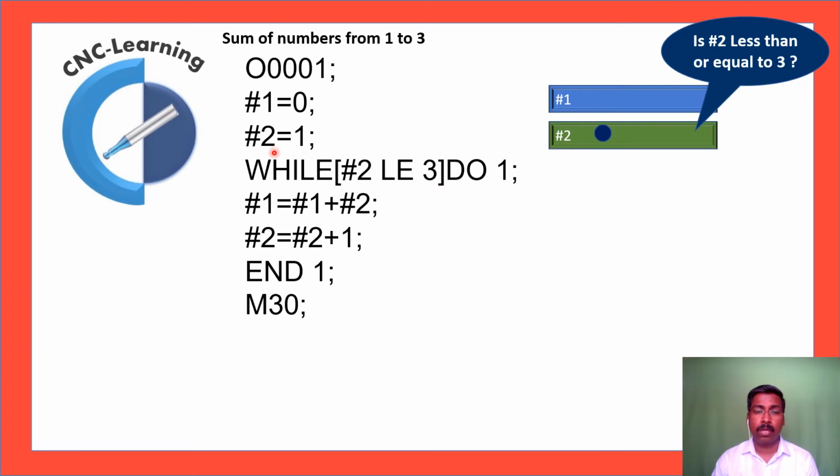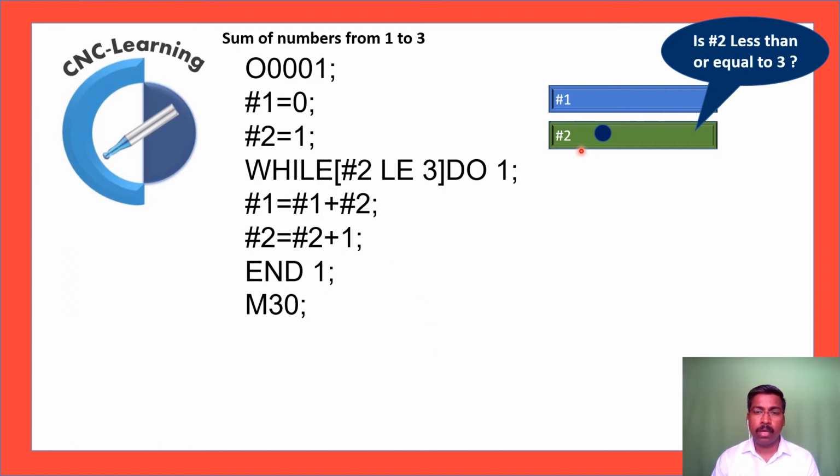As I already told you, hash 2 will keep on incrementing, and as long as it is less than or equal to 3, this complete program will run. This is between the while statement, do statement and end statement.